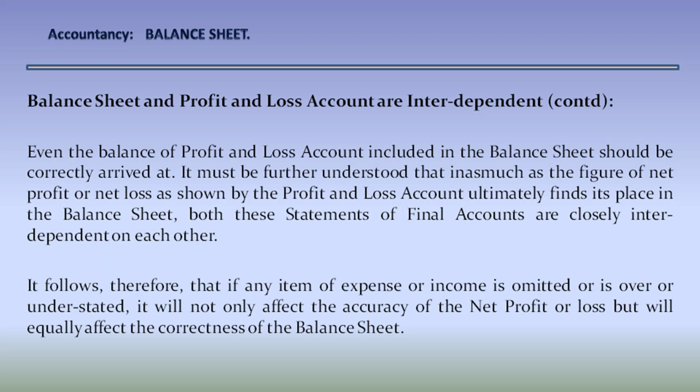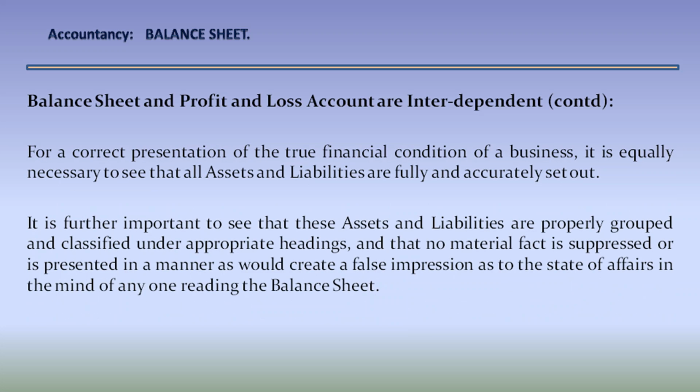It follows, therefore, that if any item of expense or income is omitted or is over or understated, it would not only affect the accuracy of the net profit or loss, but will equally affect the correctness of the balance sheet. For a correct preparation of the true financial condition of a business, it is equally necessary to see that all assets and liabilities are fully and accurately set out.